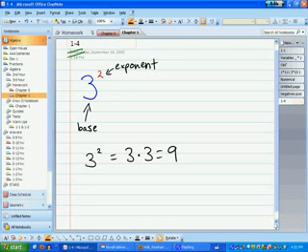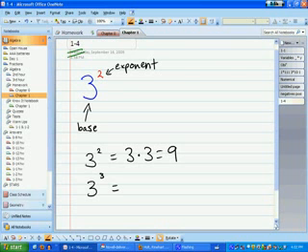Now what about if we do 3 to the 3rd power? We call this 3 cubed. And this example is not in your book. They do talk about it down below when they talk about a square and a cube. You can see the 2 pink boxes on page 26.